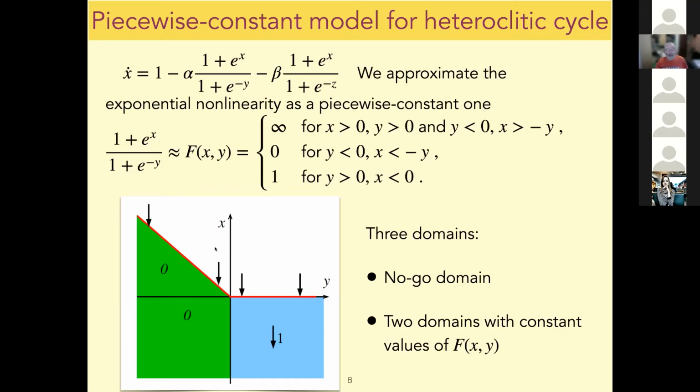It is like a border in a billiard. You cannot penetrate this border. This border is red, so this is a no-go area for variable x.